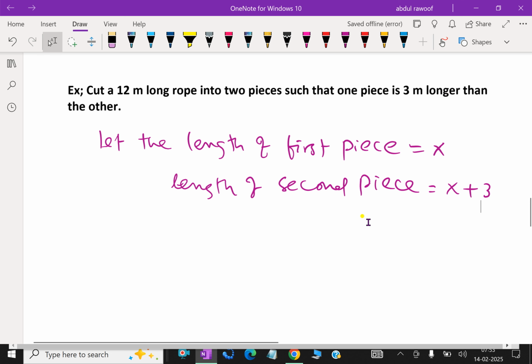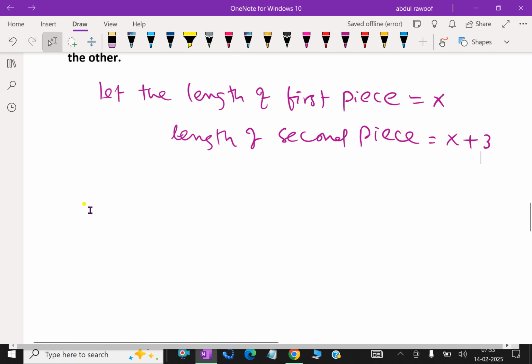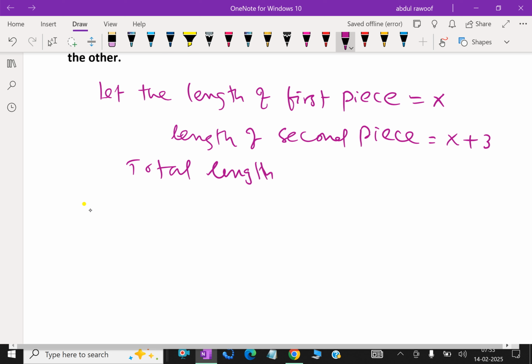These are the two pieces' lengths. Now, as it said here, the total length is 12 meters. That means the first piece plus the second piece equals 12 meters.